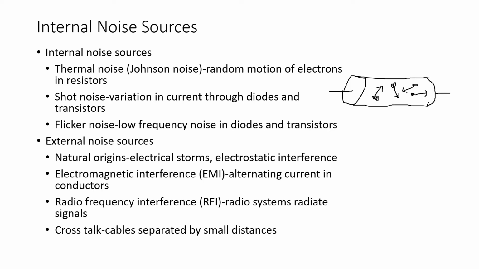And of course, anytime we have electrons moving, we'll have voltage. So existing across the terminals of this resistor is going to be some AC voltage, and this AC voltage is a function of resistance and temperature.